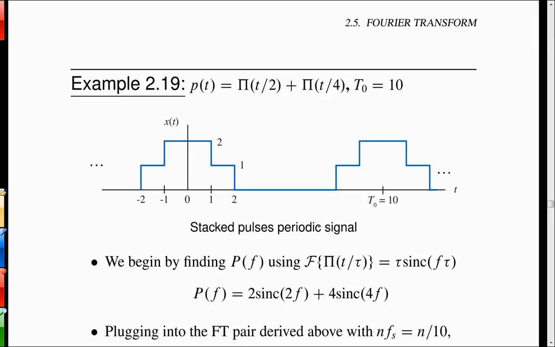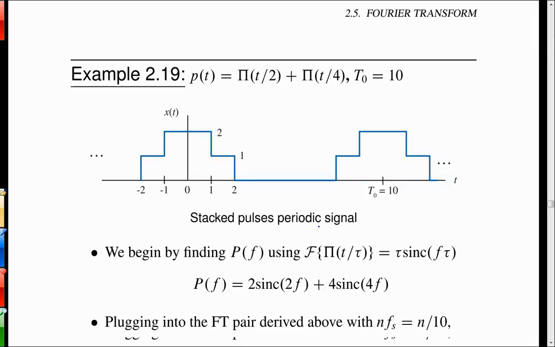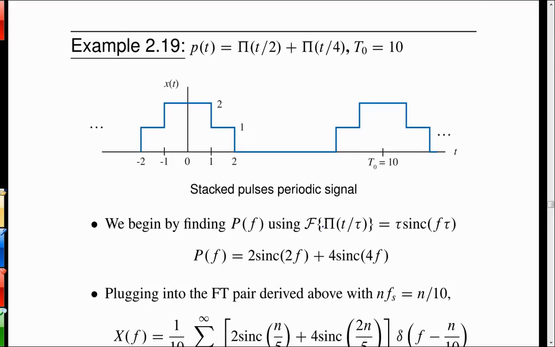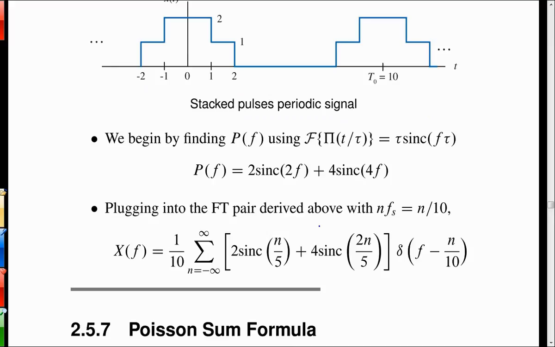So you can just whip out the Fourier transform of one period with your eyes closed almost. It's two sinc functions. And then you just drop it into that theorem. You just have to remember that out front you have to put in Fs, which is 1 over the period.